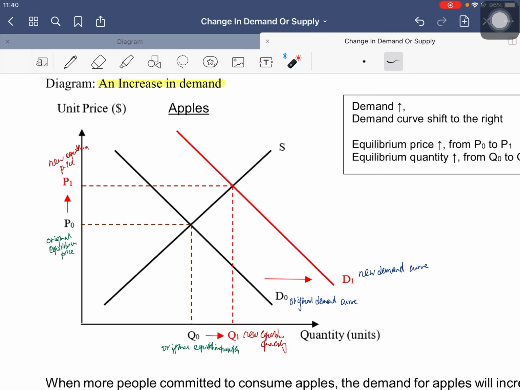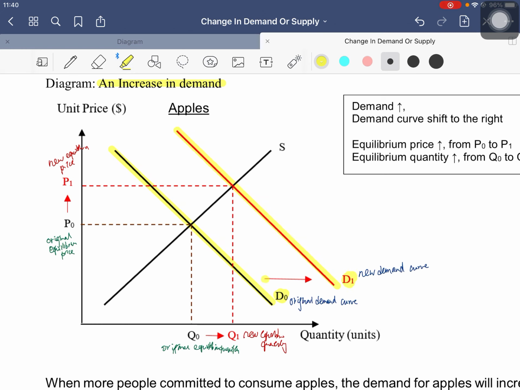So we can represent this in this diagram. The first part, this is the original demand curve. We denote it as D0, original demand curve. And from the case, we know that the demand for apples has increased.